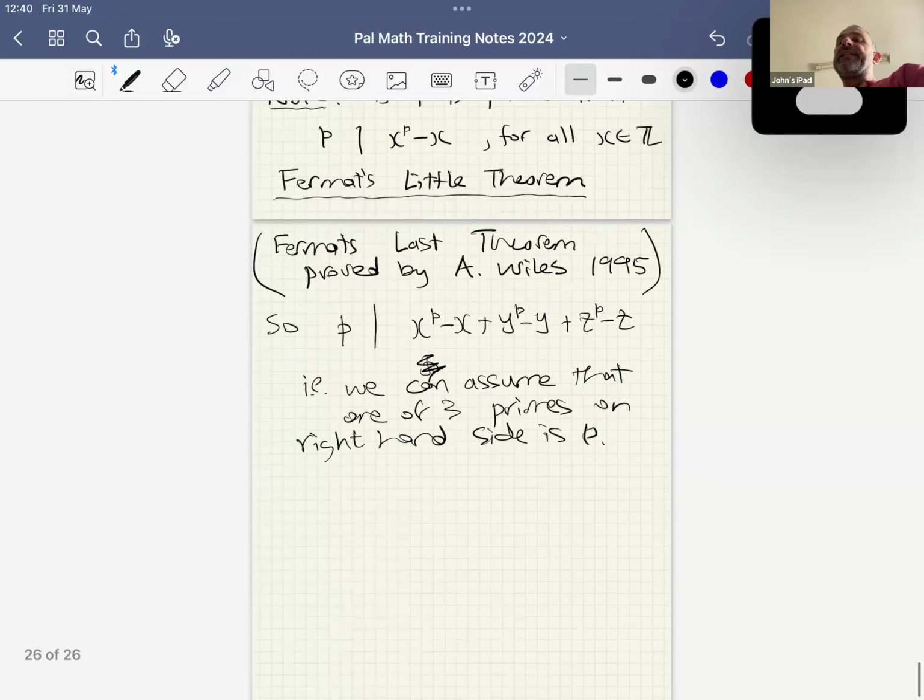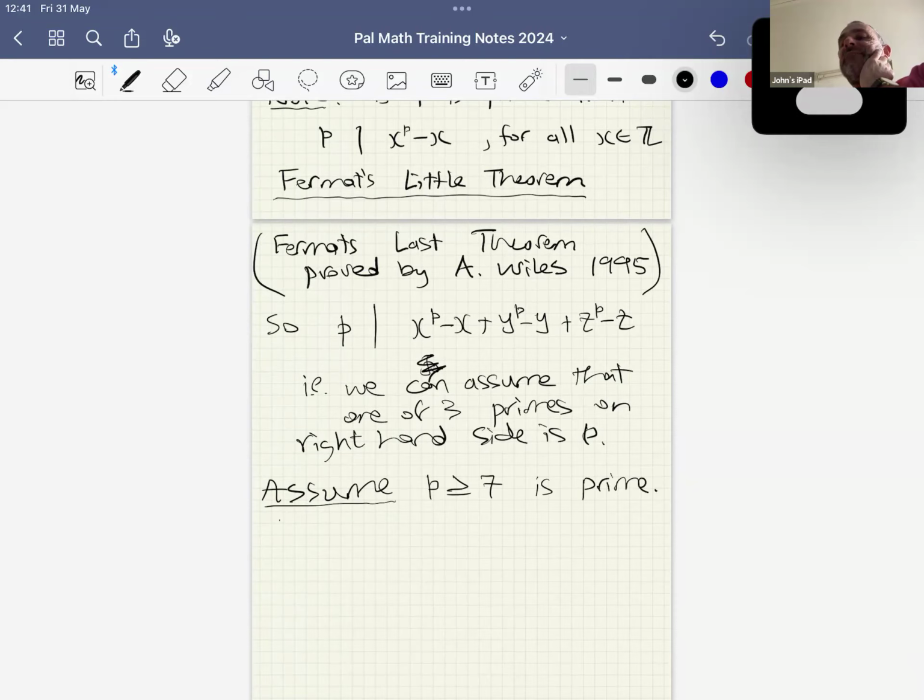Okay, the next thing to note is that, let's assume we've dealt with the case p equals 2, 3, and 5. So assume that p is greater than or equal to 7, and it's prime.